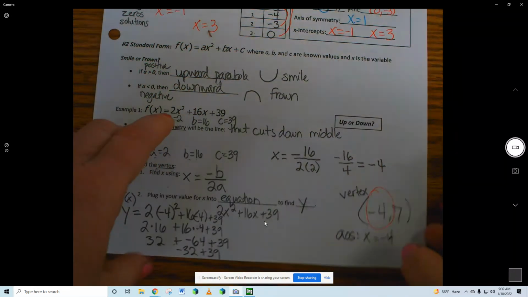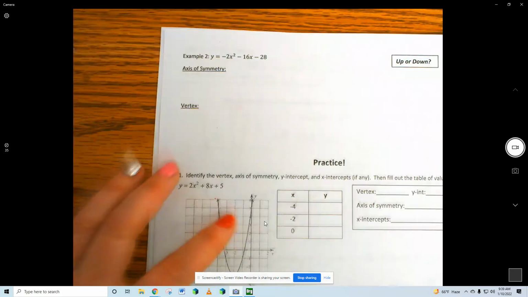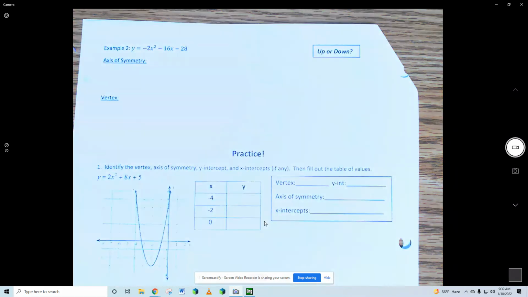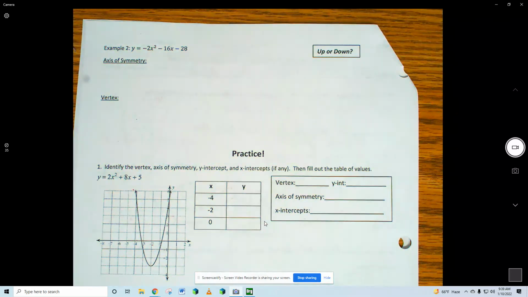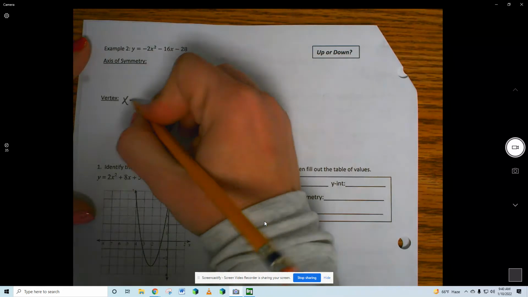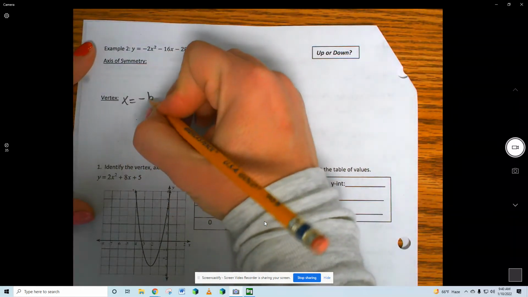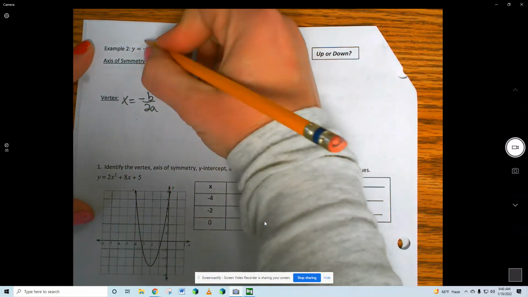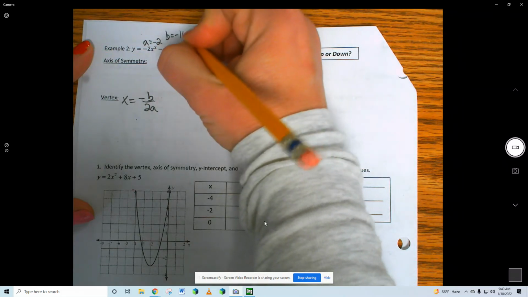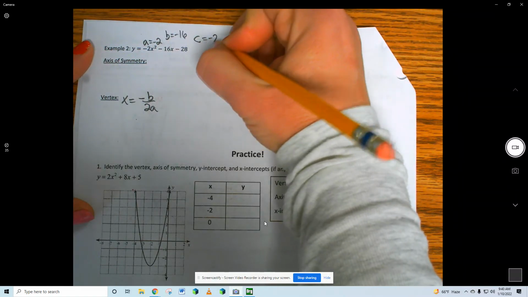We're going to turn the page. Stay with me. The axis of symmetry I don't know yet, because I haven't found the vertex. So let's do the vertex first. Negative b over 2a. A is negative 2, b is negative 16, c is negative 28.